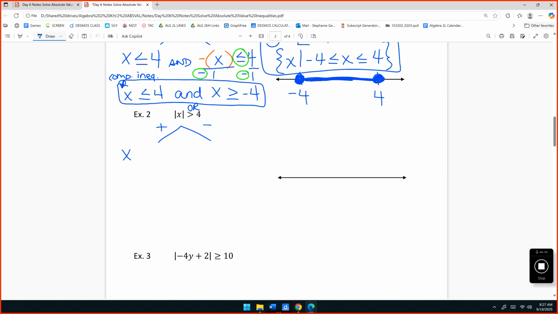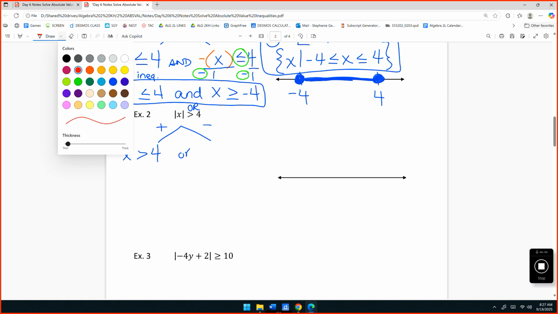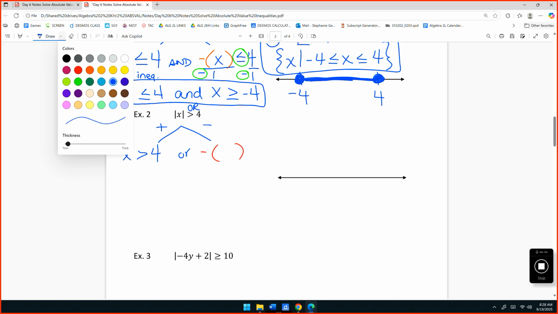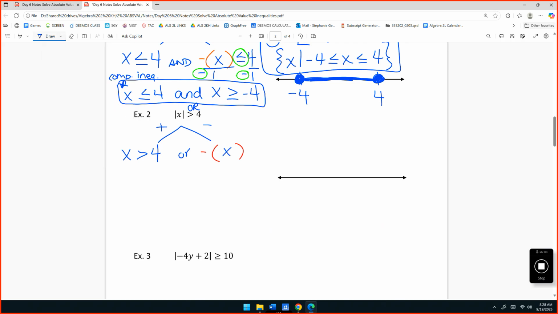So we have x is greater than 4, or negative that, okay.